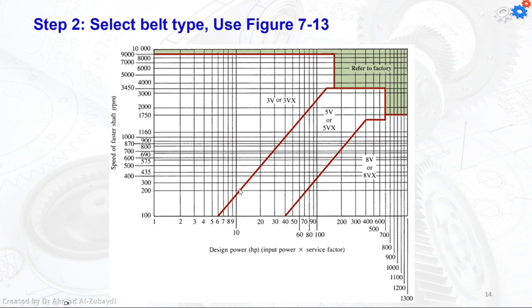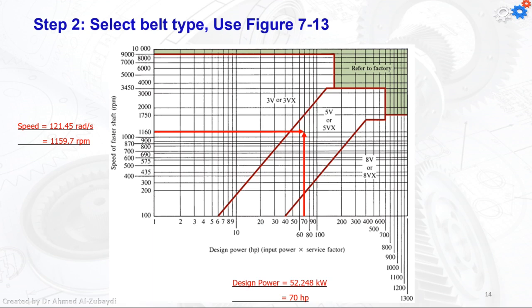Second, you can simply use the speed of the faster shaft, which is going to be the input, of course. The speed was 121.45 radian per second, which is equal to 1159.7 RPM.